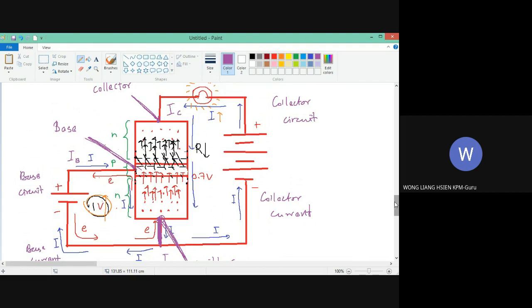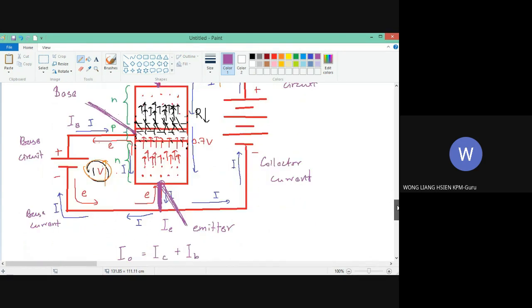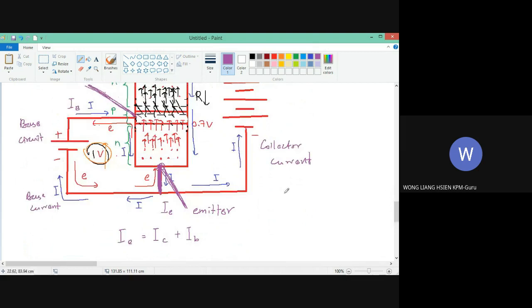For the NPN transistor, the charge carrier we are talking about is the flow of electrons. So the charge carrier in an NPN transistor is the electron.